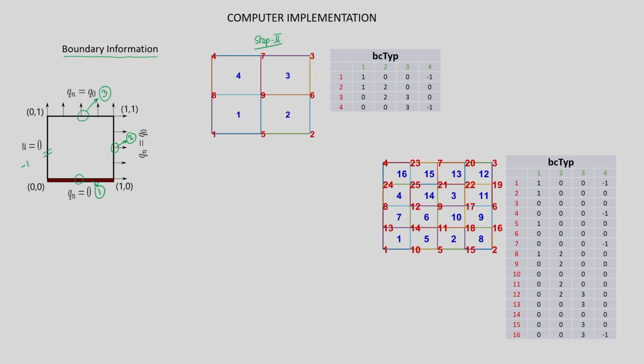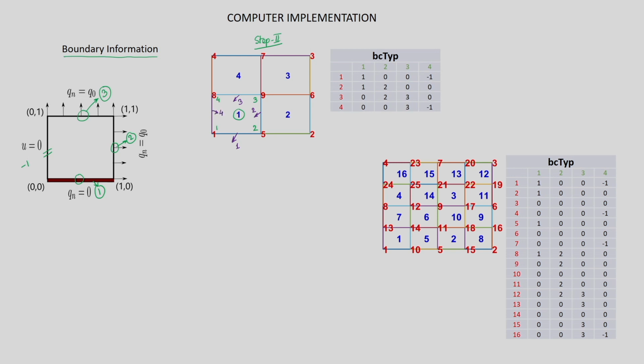Alright, step 2. If I look at element 1, let us define the local node numbers 1, 2, 3, 4. So 1 to 2 we denote as local edge 1. Then 2 to 3 we denote as local edge 2, 3 to 4 as local edge 3, and 4 to 1 as local edge 4.